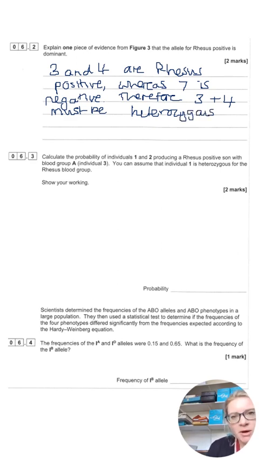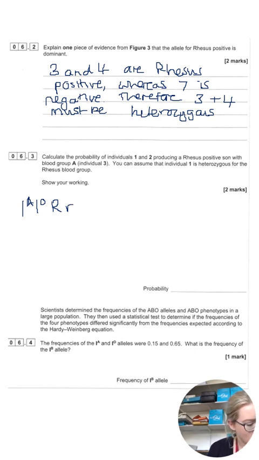Okay, calculate the probability of individuals 1 and 2 producing a rhesus positive son with blood group A, individual 3. You can assume that 1 is heterozygous for rhesus blood group. So number 1 is a male who has blood group A and is rhesus positive, and they've said we can assume that it's heterozygous. So the full genotype, including the 2 genes of number 1, is A, O, capital R, little r.